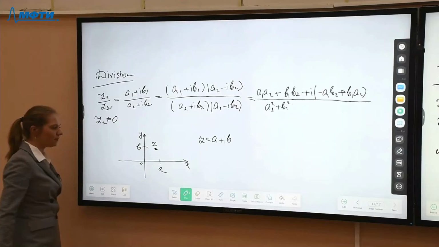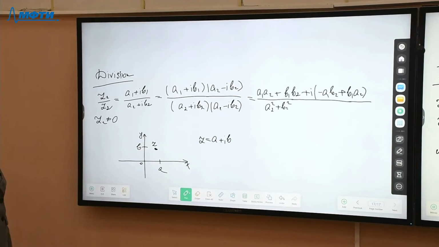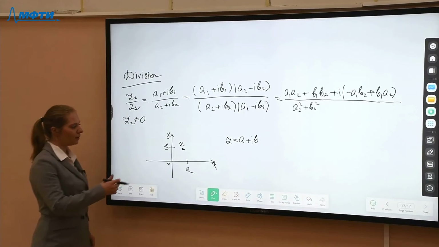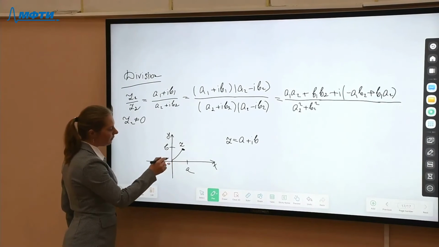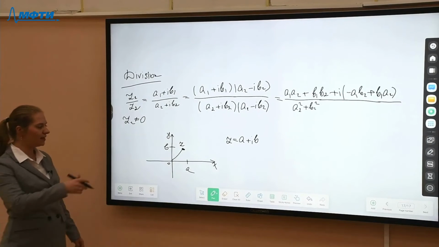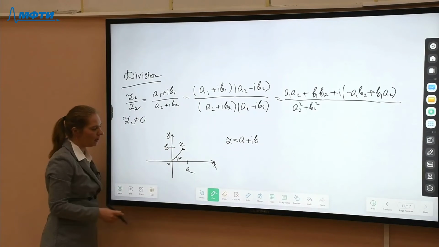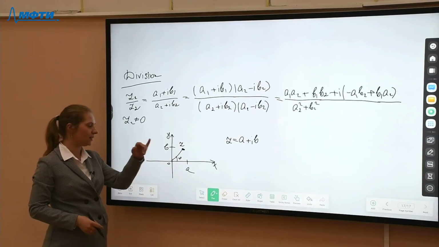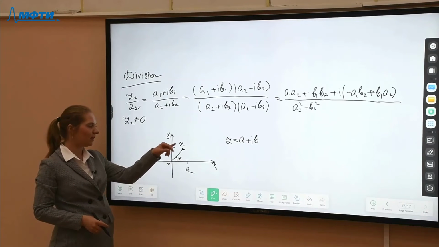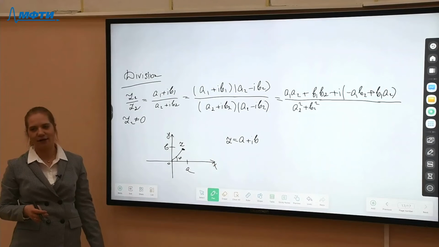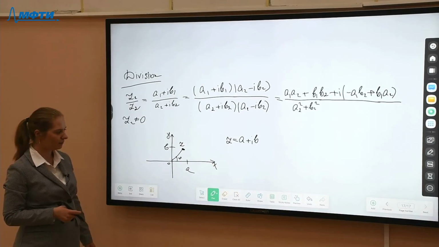And the coordinates of this point are (a, b). But what else can we say about this point? We can use the so-called polar coordinates. So we can define each point using the distance to the origin and this angle: the angle between the line segment joining our point and the origin, and the positive direction of the real axis, phi.